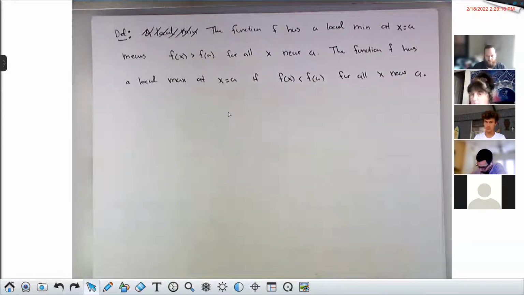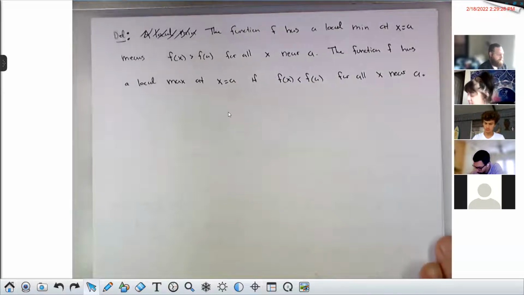It's similar to the linear approximation section where we talk about keeping x near a in order for that linear approximation to be valid. In this context, what it means is there's an open interval centered at a such that that inequality is true for all x's within that interval.